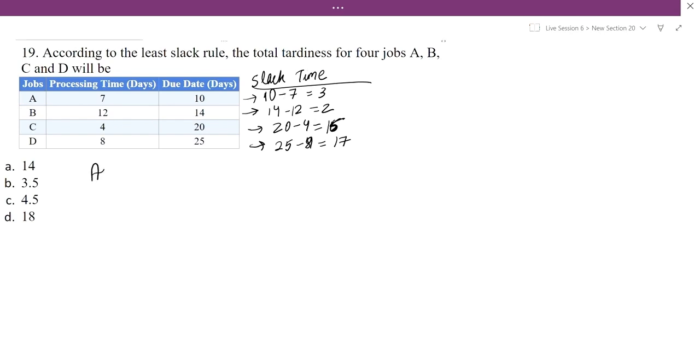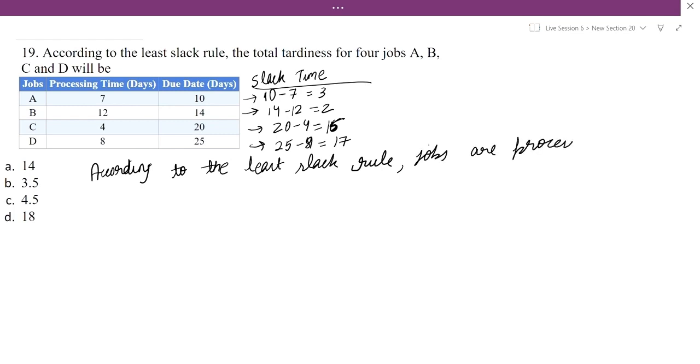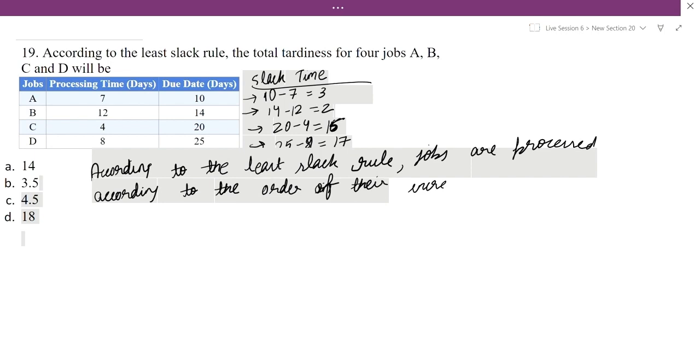According to the least slack rule, jobs are processed according to the order of their increasing slack time.